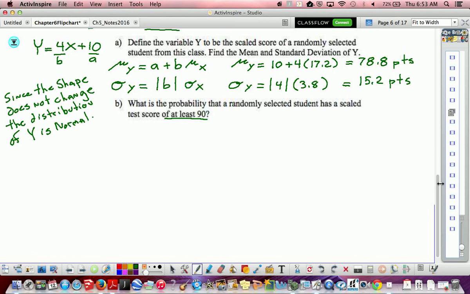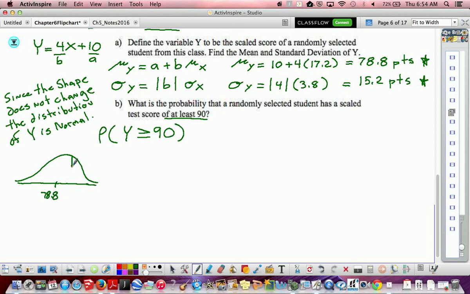So I'm looking for, well, what's the probability of having a transform score y of at least 90? Greater than or equal to 90. So now, if I think about this, here I have my mean and standard deviation right here. So if I'm thinking about this visually, I'm thinking, all right, it's normally distributed with a mean of 78.8 and a standard deviation of 15.2.